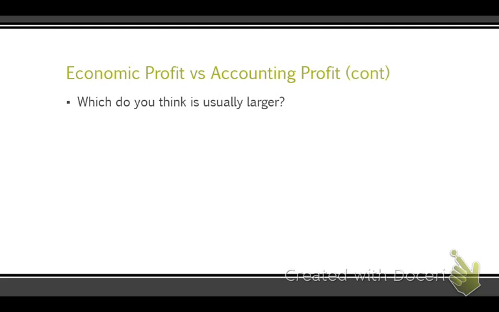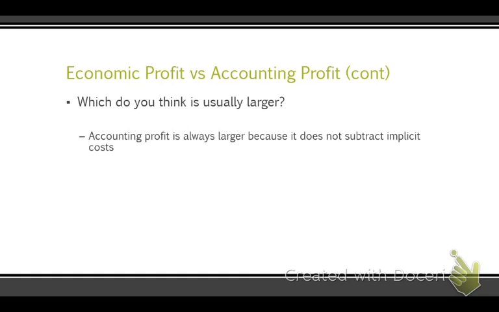All right. What do you think? Which do you think is usually larger? Accounting profit, yes. Accounting profit is always larger because it does not subtract implicit costs. If they give a free response question over profit, they will ask this question: which profit is larger and why?